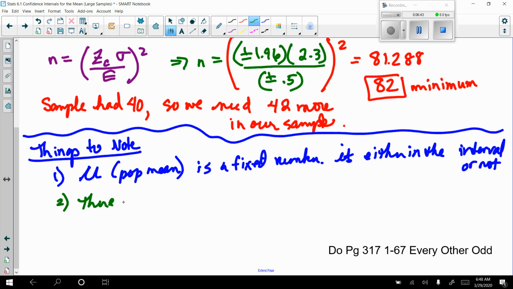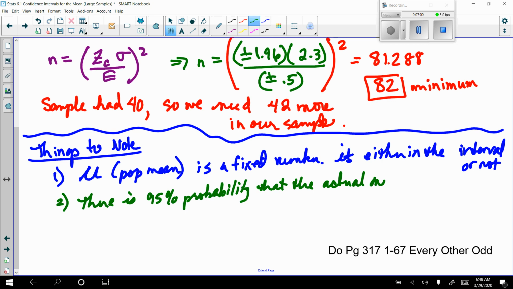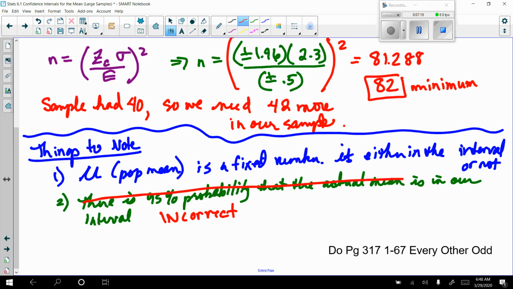If we say there is a 95% probability that the actual mean is in our interval, this is actually an incorrect statement. You can't make this kind of statement based on what we're finding using a confidence interval.